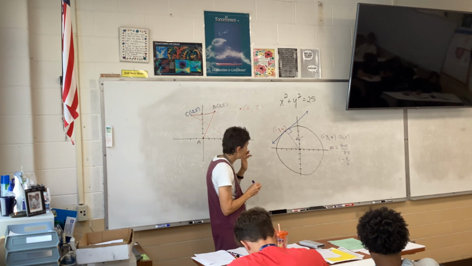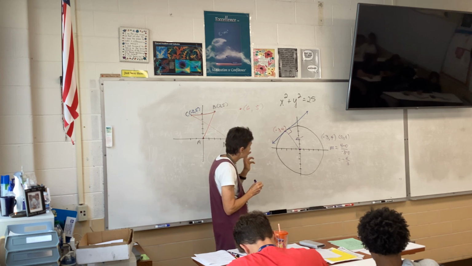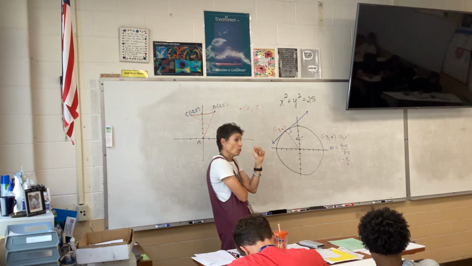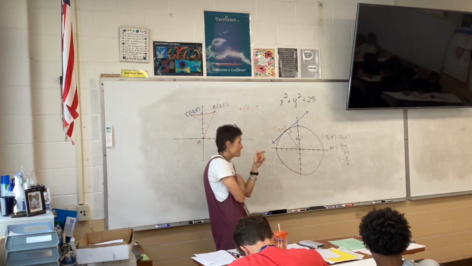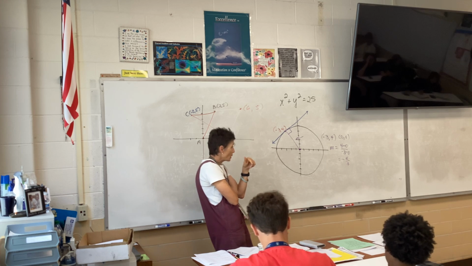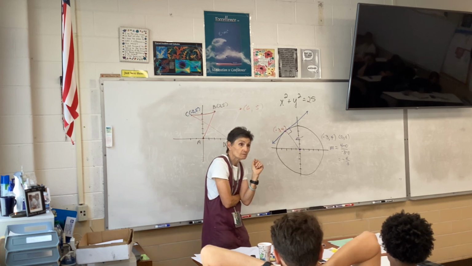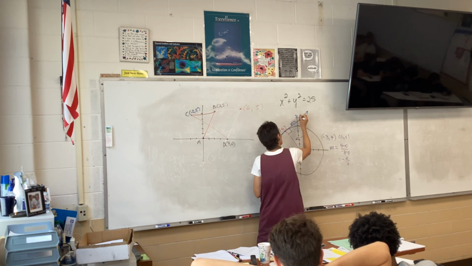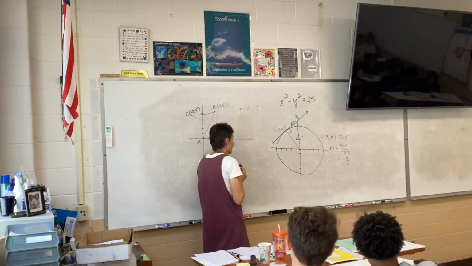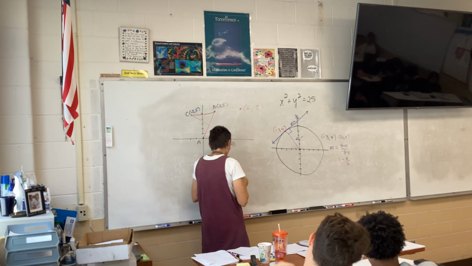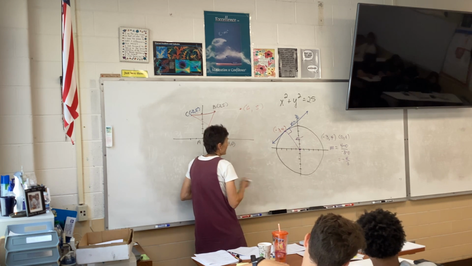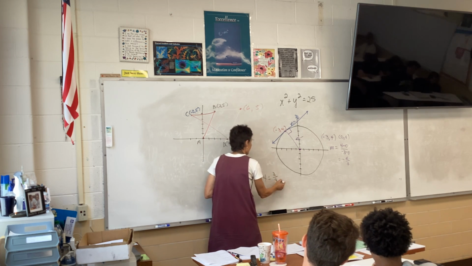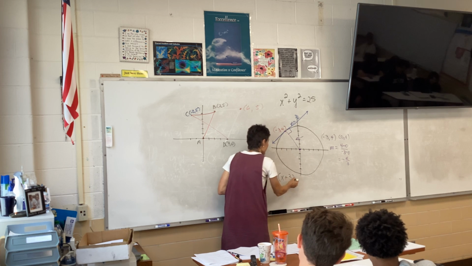If the purple slope is -4/3, what is the blue slope? 3/4. And then we can write the equation of our line because we have everything we need. y minus 4 equals 3/4 times (x plus 3).